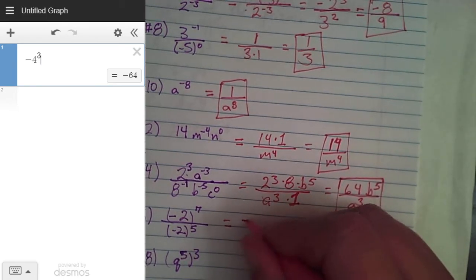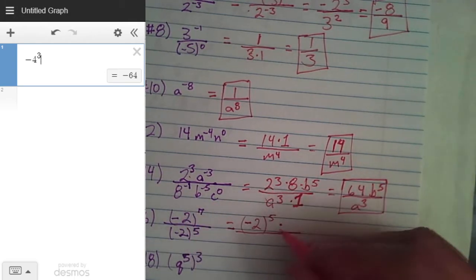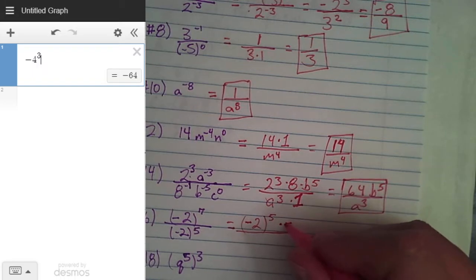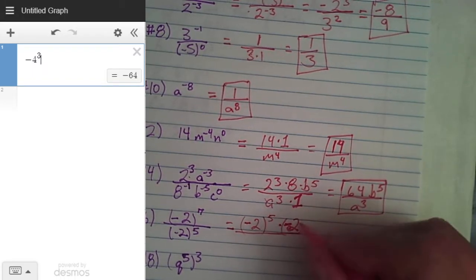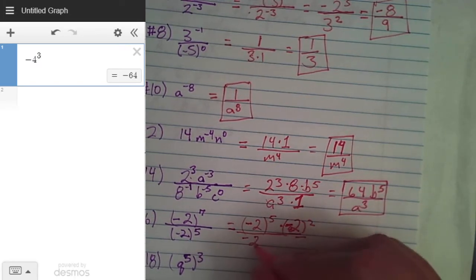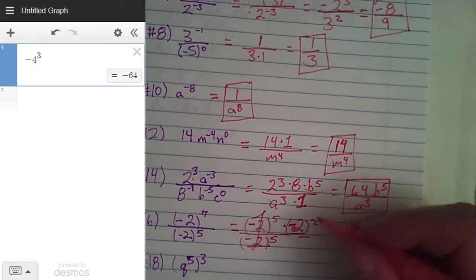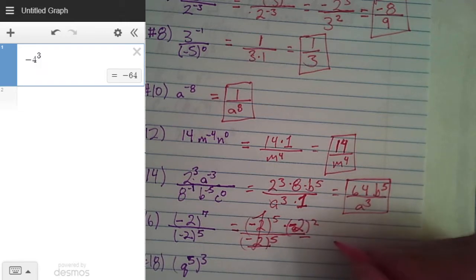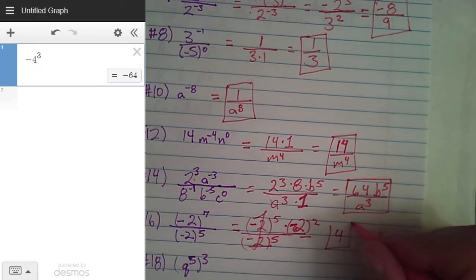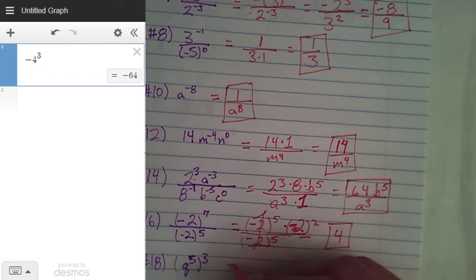Another way to think about this is to break negative 2 to the 7th into negative 2 to the 5th times negative 2 to the 2nd, all over negative 2 to the 5th. That reduces down to 1, and 1 times negative 2 to the 2nd. Negative 2 squared is positive 4, and we get 4 over 1, which is just 4. You can box that answer as well.